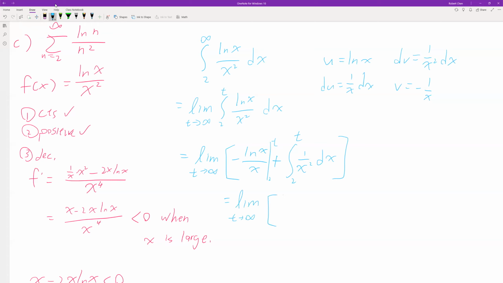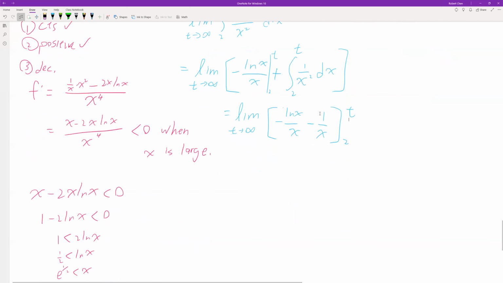Right, so this whole thing, negative ln x over x. The integral of 1 over x squared, as we saw earlier, is minus 1 over x, going from 2 to t. All right, let's see what we have. We have the limit as t approaches infinity of negative ln t over t minus 1 over t, minus parentheses, negative ln 2 over 2 minus 1 over 2.